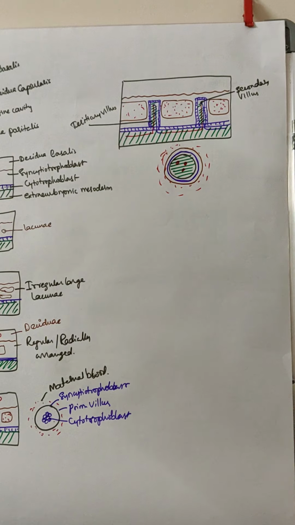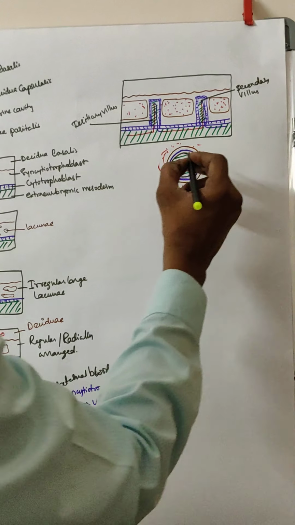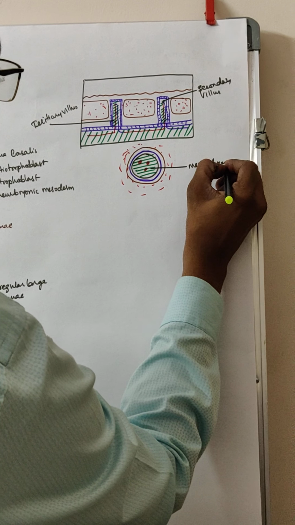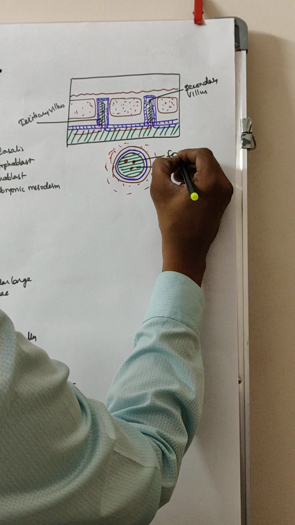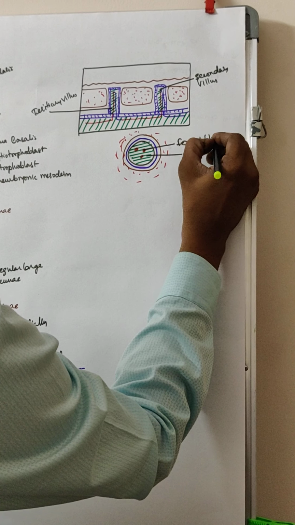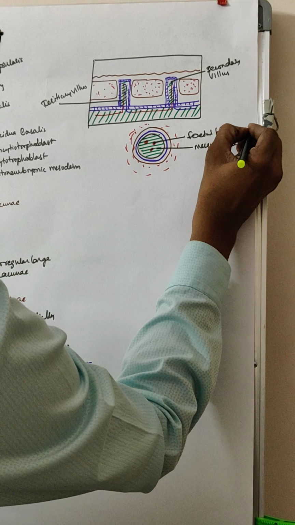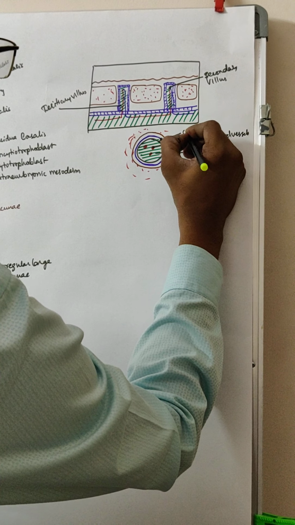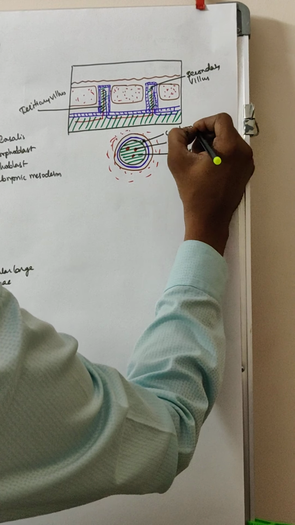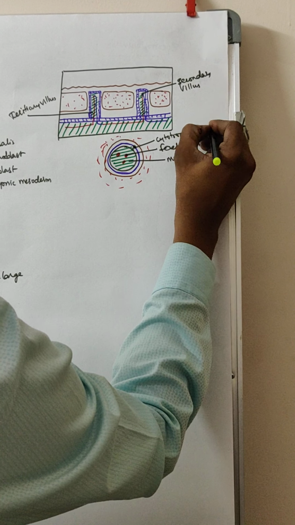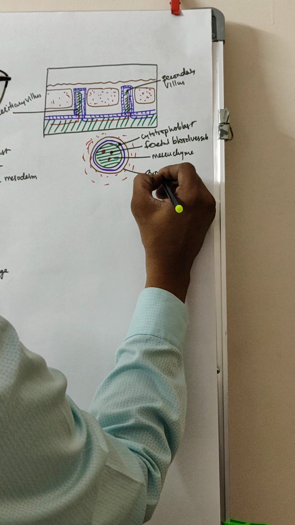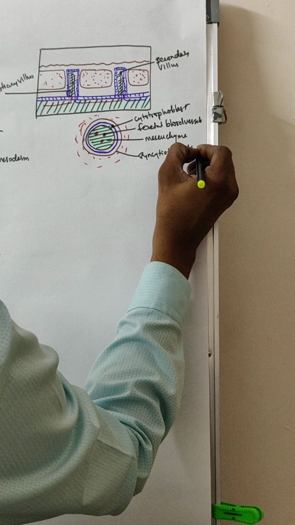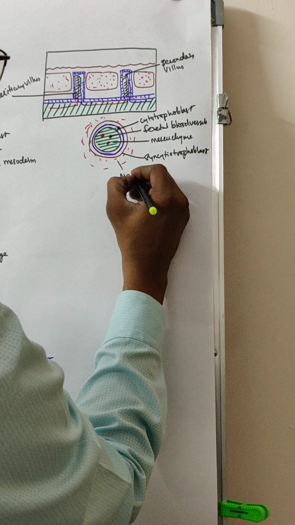So this is the structure of the tertiary villus. So I can write it as mesenchyme, fetal blood vessels, then the cytotrophoblast, syncytiotrophoblast, and this is nothing but the maternal blood.